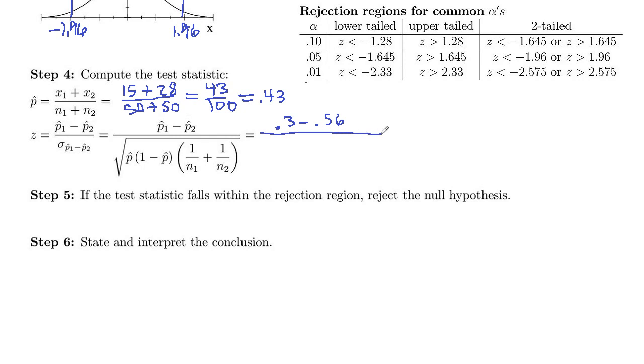And then in the denominator, we've got the square root of p hat, that's the 0.43, and then 1 minus 0.43 is 0.57. And then we are multiplying that by the sum of reciprocals of sample sizes. So 1 over 50 plus 1 over 50.